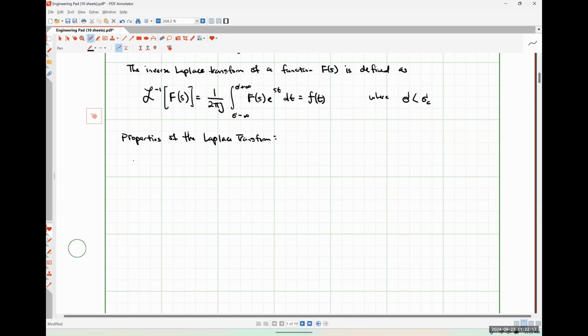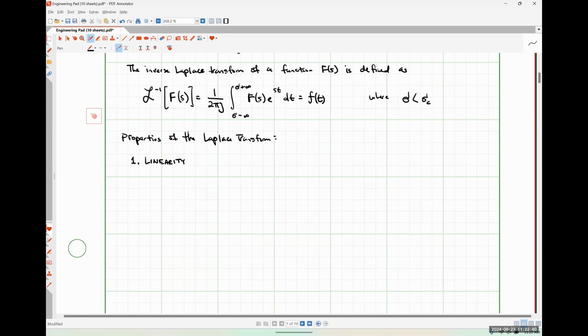And our first one is going to be the linearity property. So this is extremely similar to what we covered when I talked about linearity way back in Circuits 1 for those of you that had me. Okay.